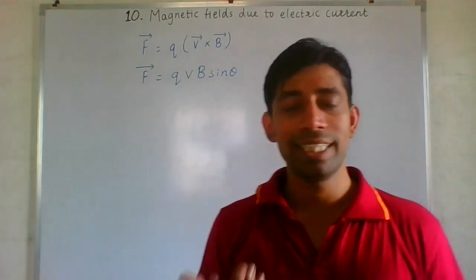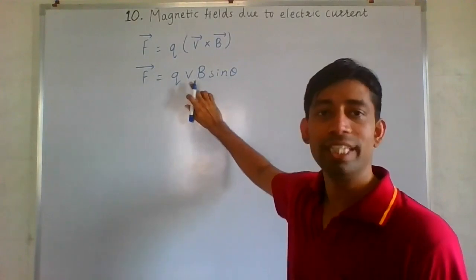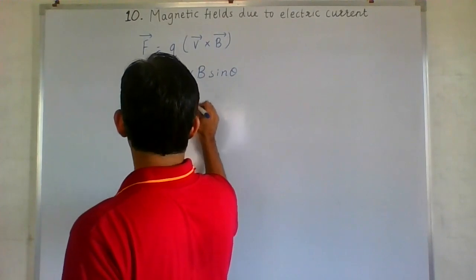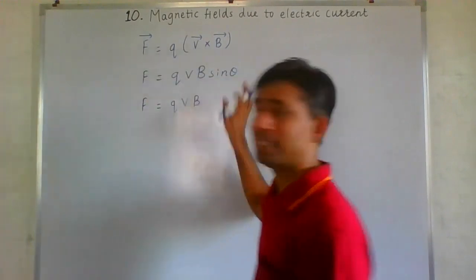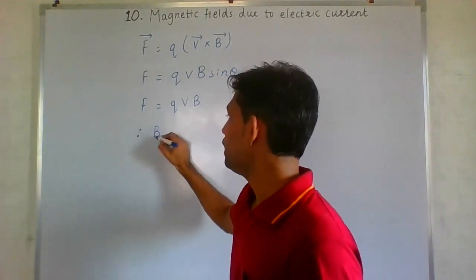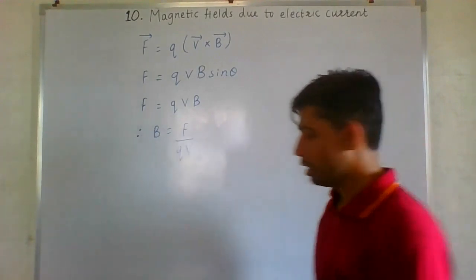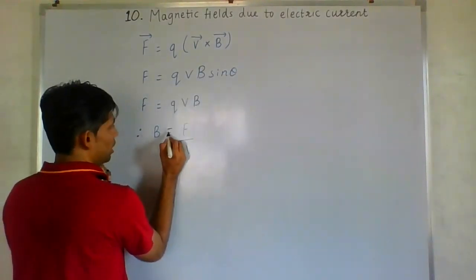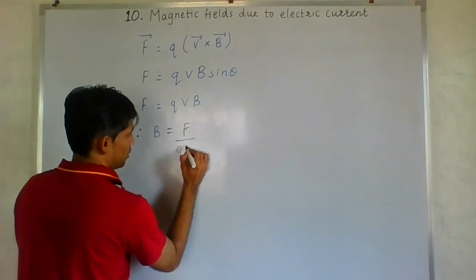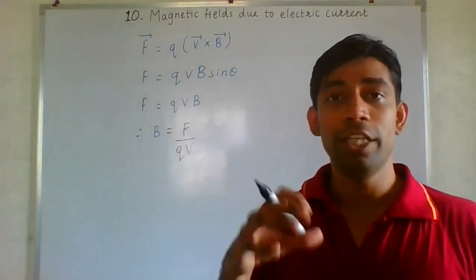Theta we will consider as 90 degrees, meaning these two are perpendicular, the angle is between V and B. So therefore we will write it as F is equal to q V into B, sin 90 is 1. Now from this, what you can understand, capital B will have the formula F upon q. Correct or not?